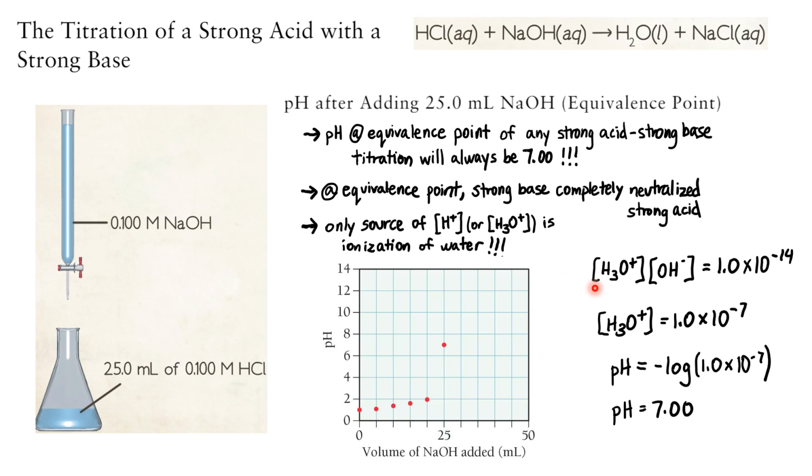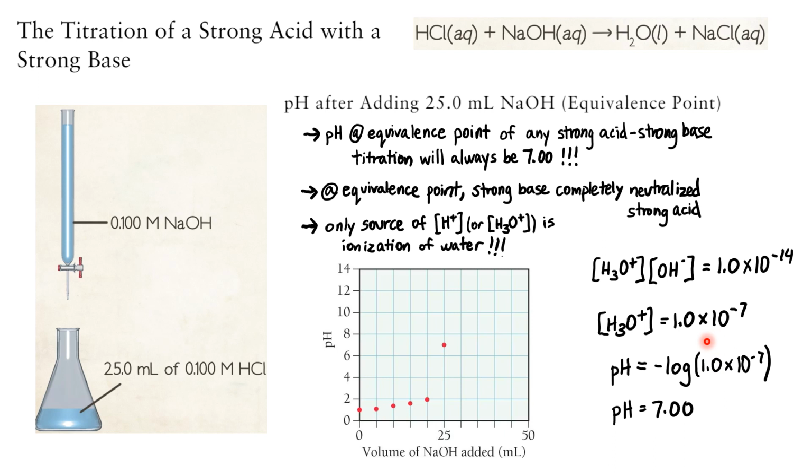And we talked about this, how that's basically the equilibrium constant for water, Kw, which is 1.0 times 10 to the negative 14, is equal to H3O plus times OH minus concentration. And we know that when these concentrations are the same, it's basically 1.0 times 10 to the negative 7. And you take the negative log of that, and that's just pH 7.